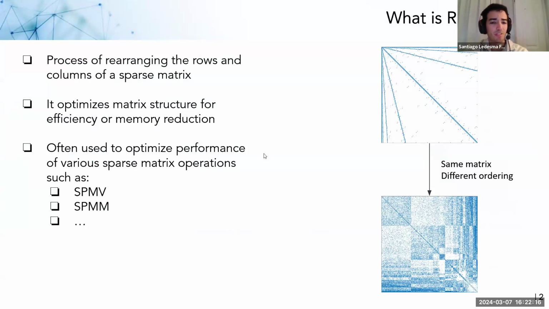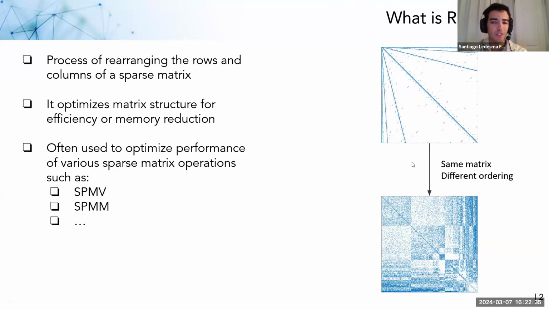And this is very important because it can be used to optimize many sparse matrix operations, such as SPMV and SPMM. And here we can visualize a bit how reordering can change the complete look of our matrix.